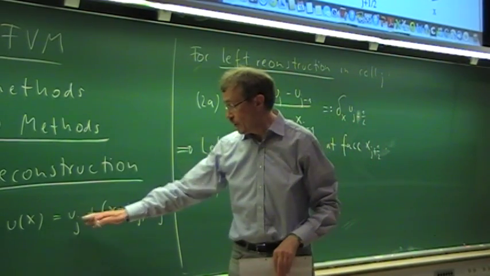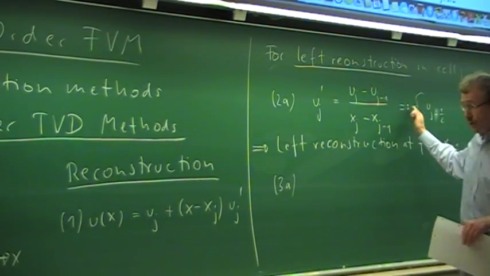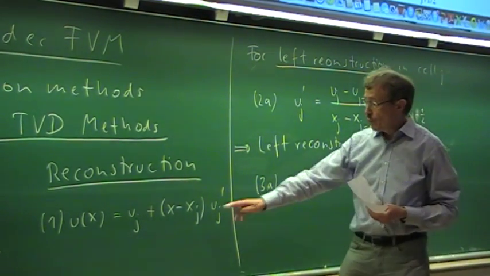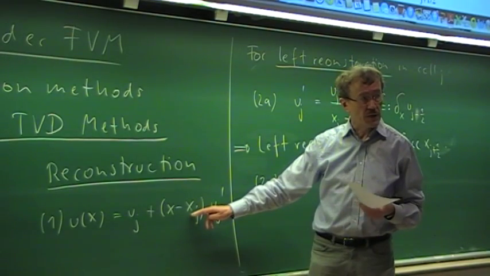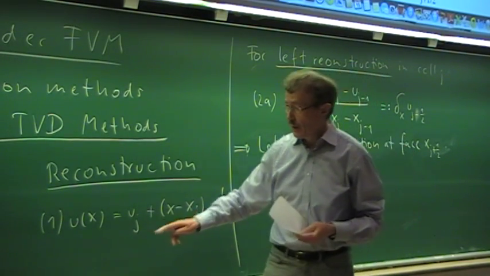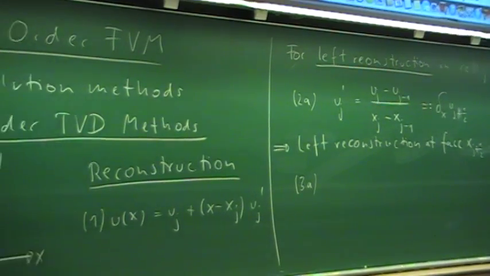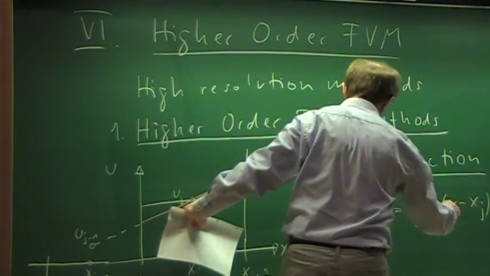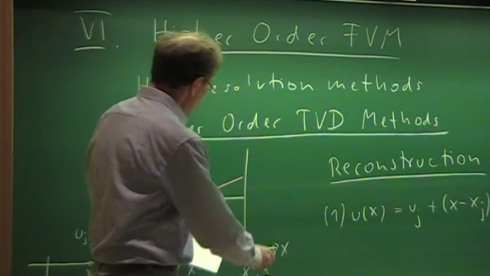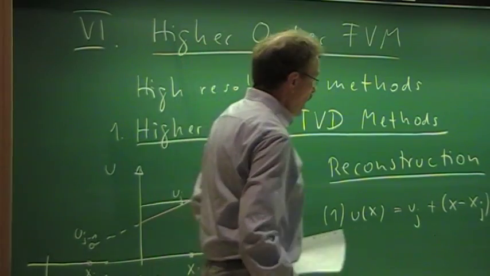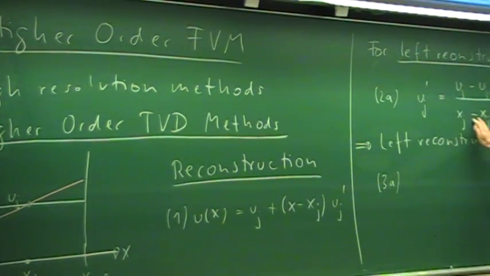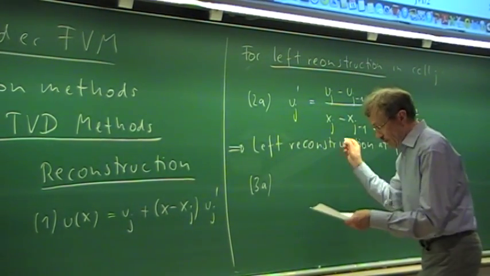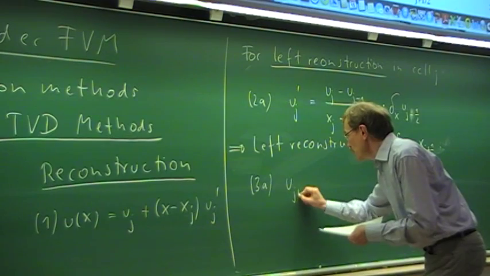We have here the uj, and we have this approximation. And now we go to xj plus delta x/2, right? Because this length is delta x, and this distance is delta x/2. So x minus xj, at this point here, is delta x/2. In the end, we can write it in a general way first.